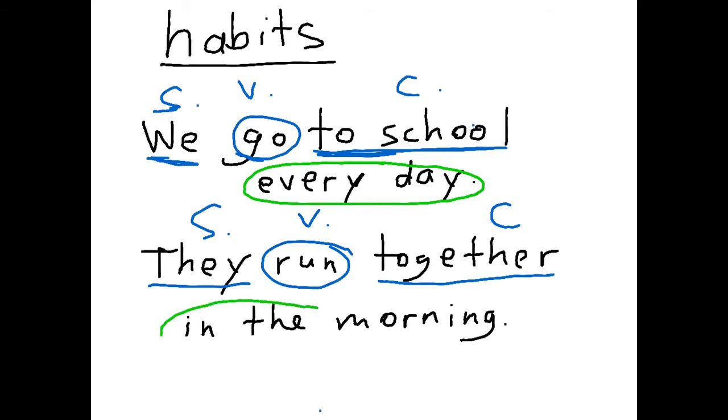And although in the morning does not show a repeated action, because the sentence is written in the simple present, the reader has to assume that the subject they, so the two people or the group of people running together, the action of running together is at least something that they repeat once in a while.